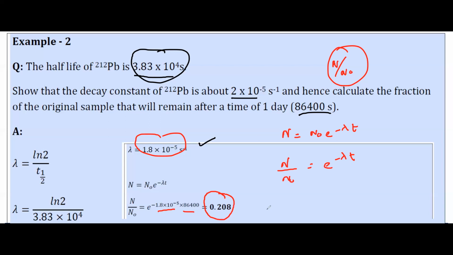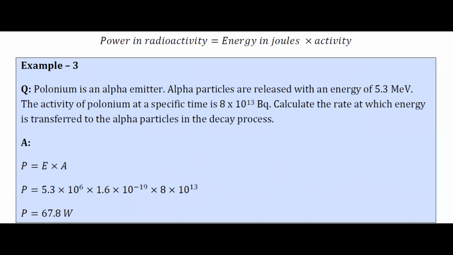So n is the number of radioactive atoms present after a certain time interval, and n naught is the original number of atoms. If we want to find the power in radioactivity, energy in joules multiplied by activity will give the power, because power is energy divided by time.